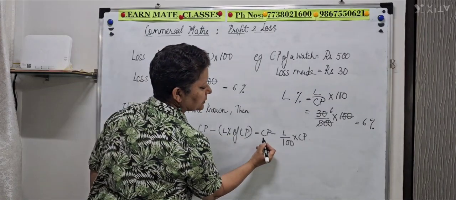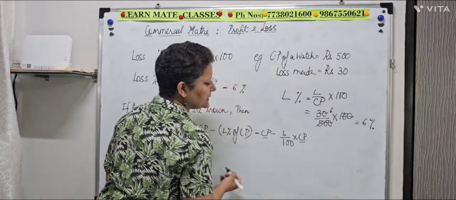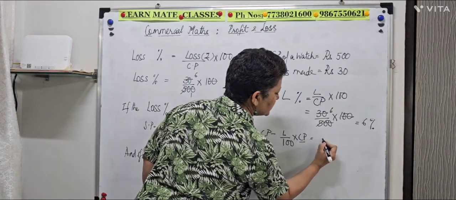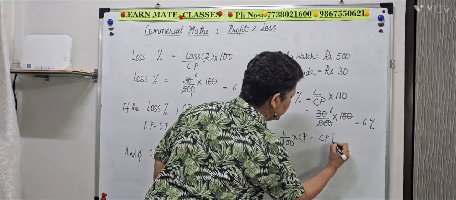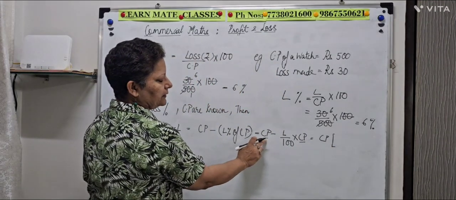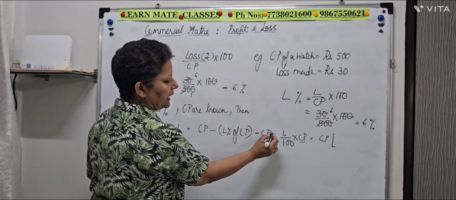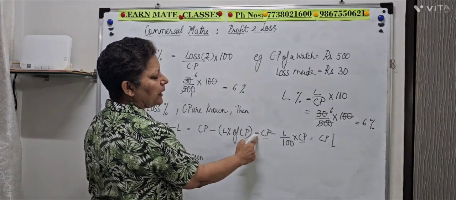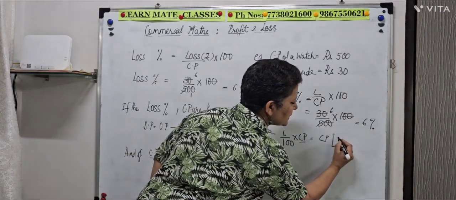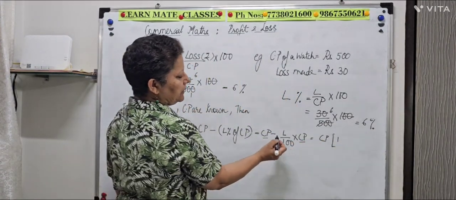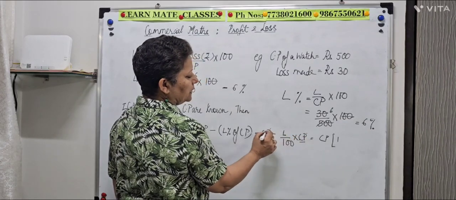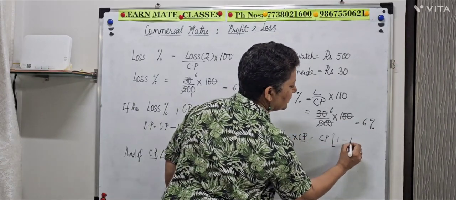Now, using the distributive property, I can pull out my CP, so CP comes outside. Since CP has been pulled out and I treat it as a factor, 1 into CP, what am I left with inside? 1. And from here, since CP is pulled out, I get L upon 100.